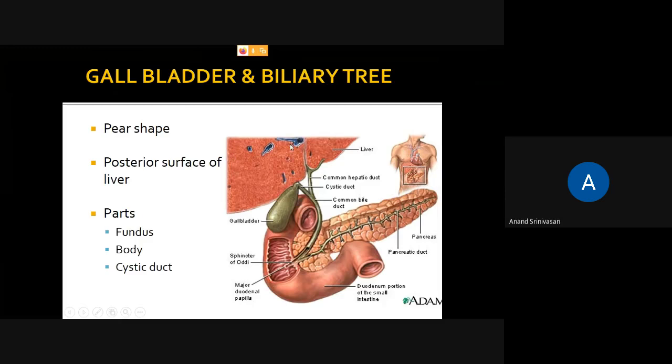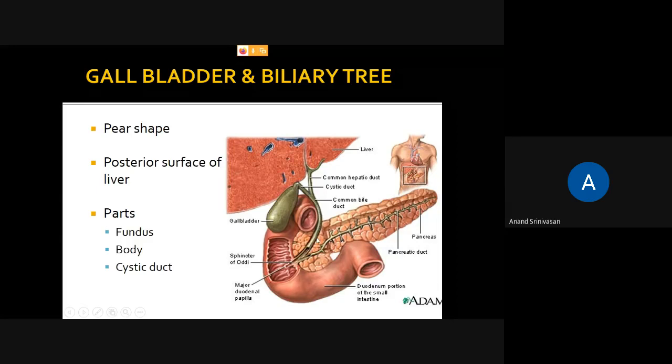See, this is the liver. From the liver there is the hepatic duct. The right and left hepatic ducts join together to form the common hepatic duct. This joins with the cystic duct, which is coming from the gallbladder. The cystic duct joins with the common hepatic duct to form the common bile duct.